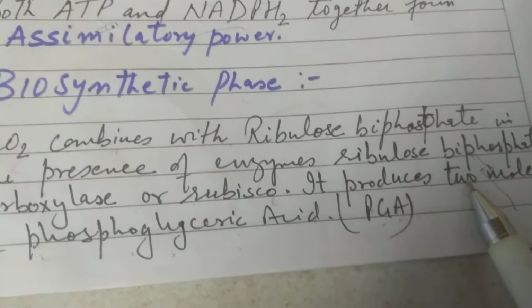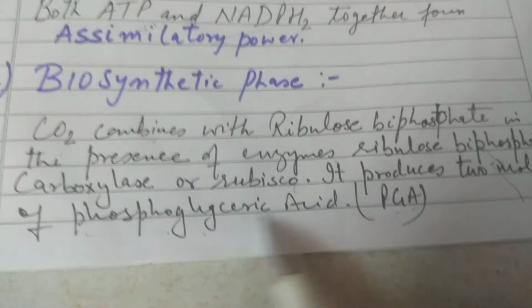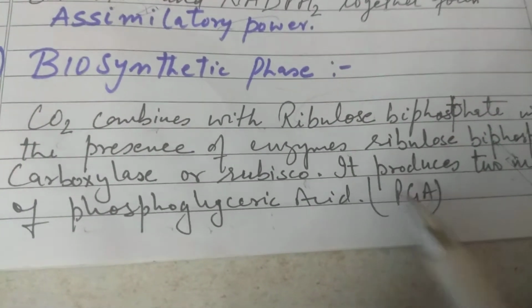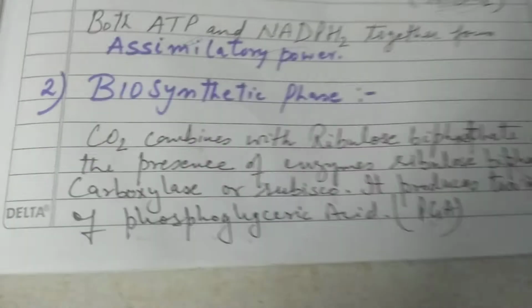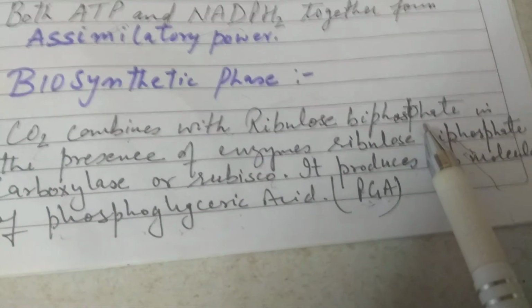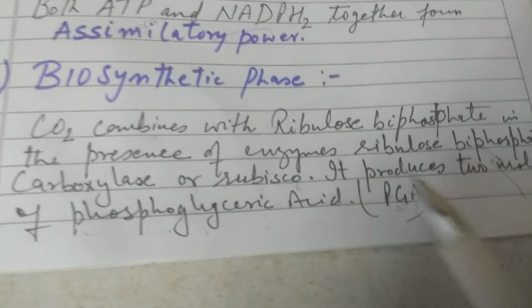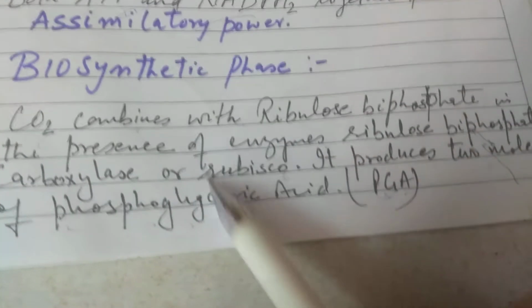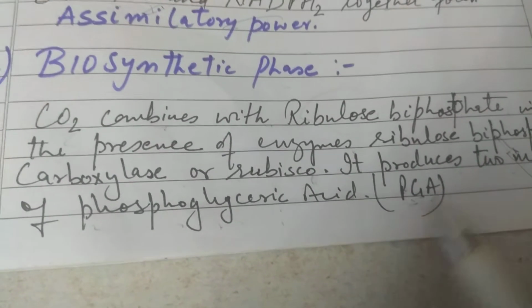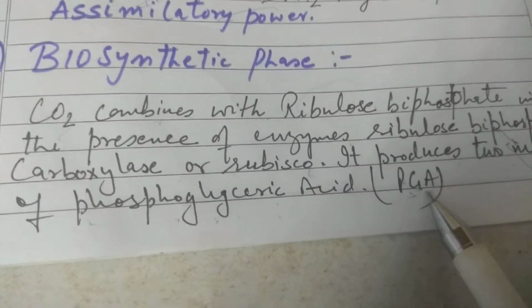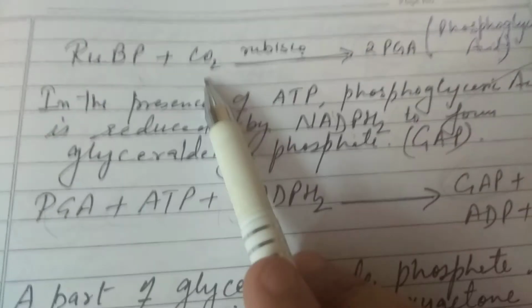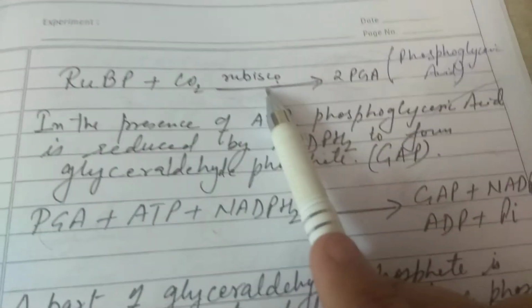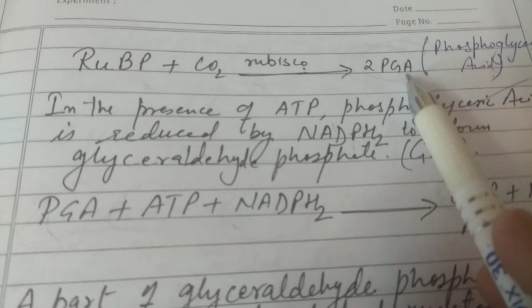It produces two molecules of phosphoglyceric acid. See this equation. This ribulose bisphosphate combines with carbon dioxide in the presence of the Rubisco enzyme and forms two molecules of PGA.